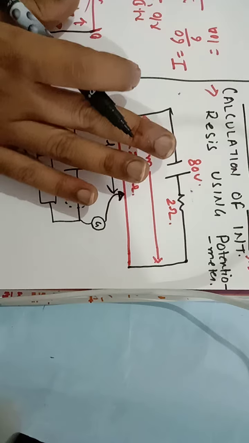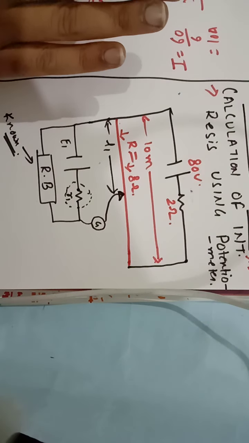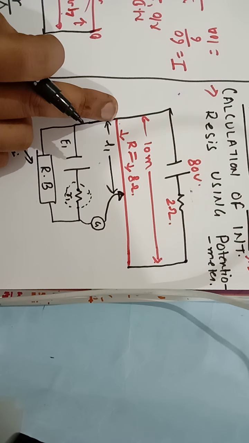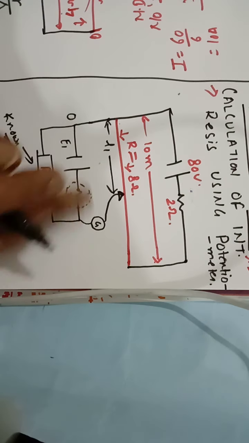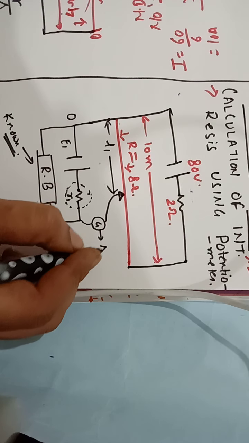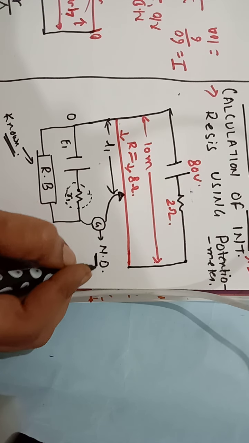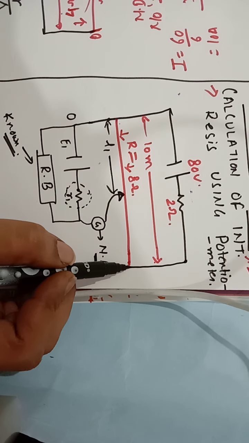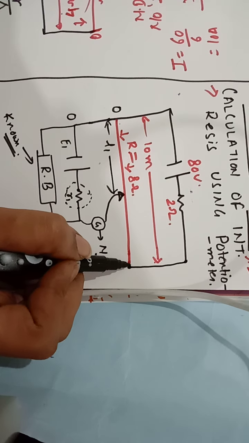By now we have understood that since this is 0, this should also be 0, since there is no voltage drop and no current in the circuit, as the galvanometer is showing null deflection, right? Correct. Now, if this is 0, what will this point be? This is also 0.